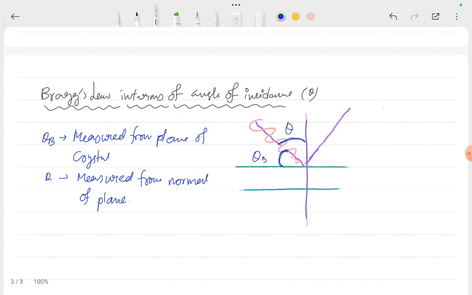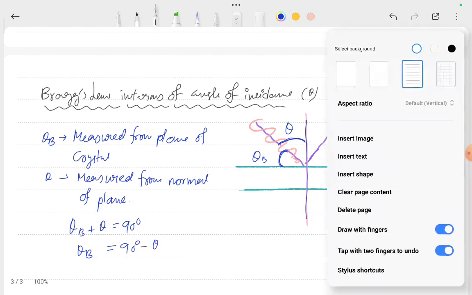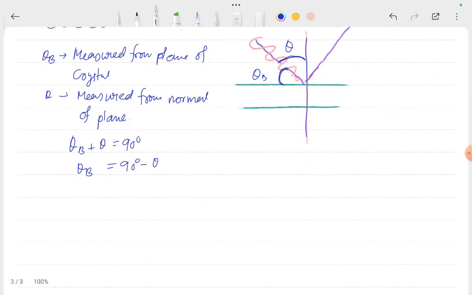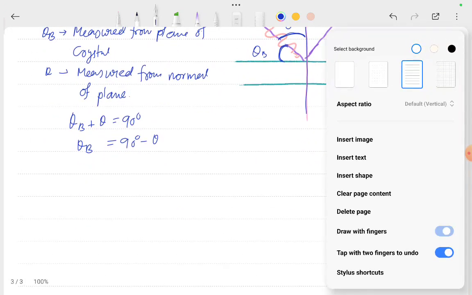From this pictorial form, we know theta_B plus theta equals 90 degrees. So theta_B equals 90 degrees minus theta. From this figure, it is clear.